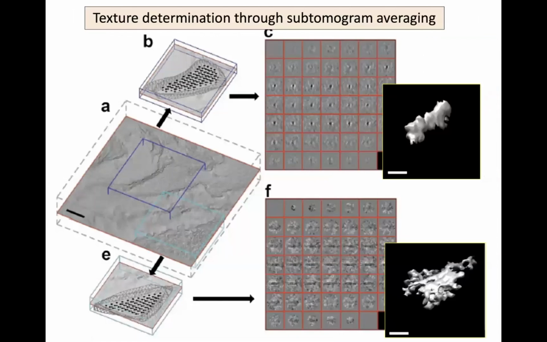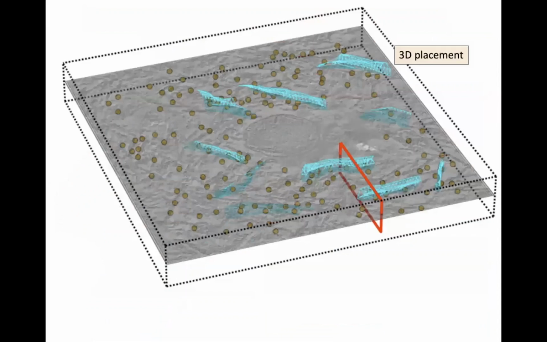So Dynamo has modules in order to interact with the tomograms and create customized visualizations, and use this visualization in order to pipeline into the STA workflow. And that's how we were able to see that in this subregion, the texture is more linear, more fibril-like. In this other region, the texture is more membrane-like.